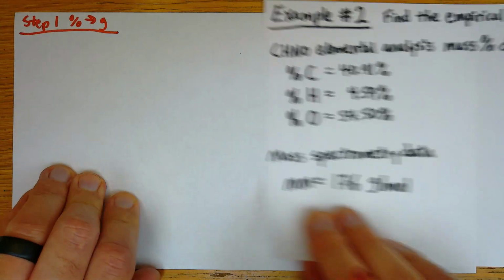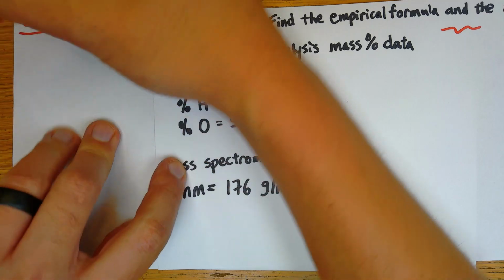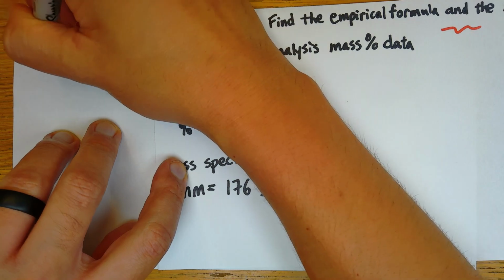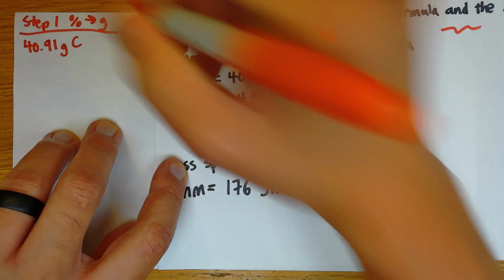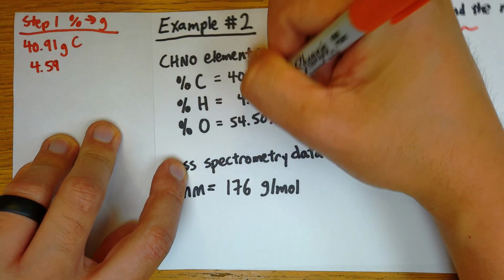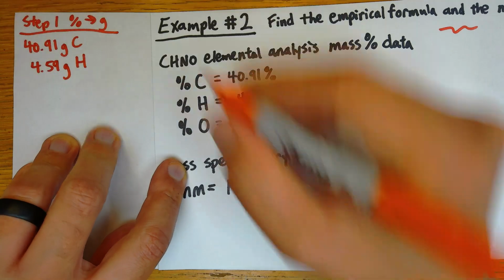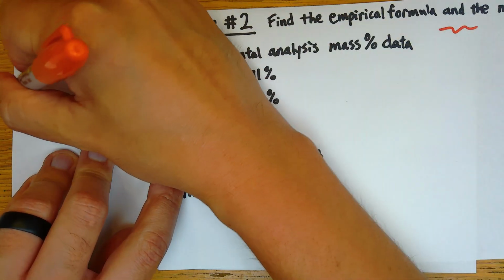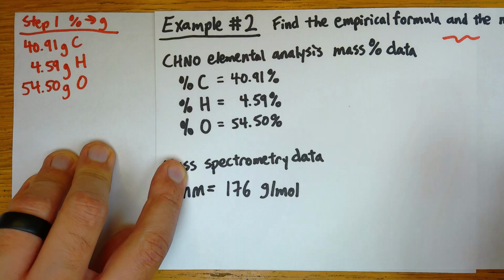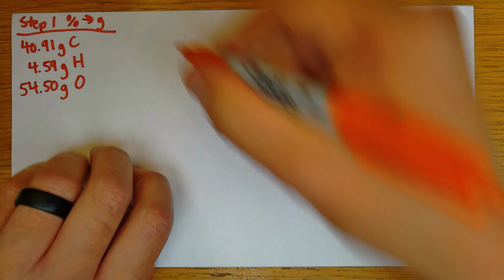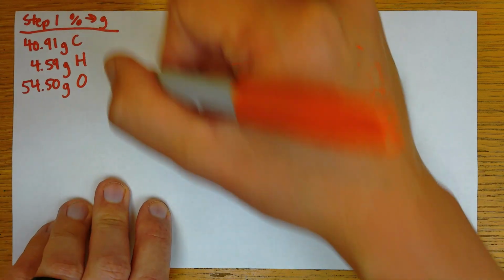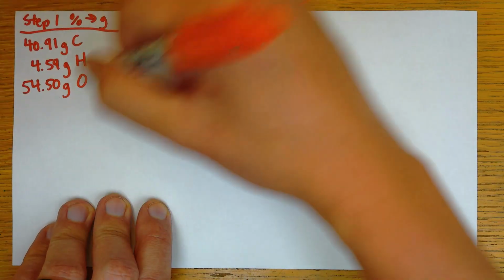So for carbon, we will write 40.91 grams carbon, 4.59 grams hydrogen, 54.50 grams of oxygen. All right. And then for step 2, we will turn those into moles. Here, I'll box that off.